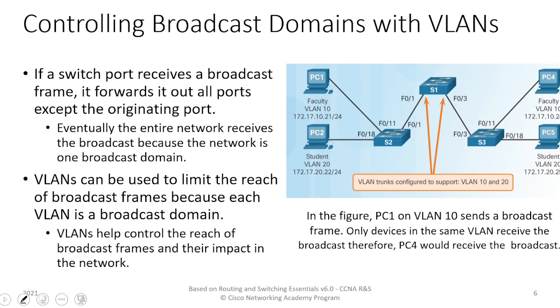Then one of the things that we do with VLANs, or as a result of using VLANs, is it can control the overall size of the broadcast domain of the network. Say if we take again this example here, if we don't have any VLANs, all of these devices will belong to the same broadcast domain.